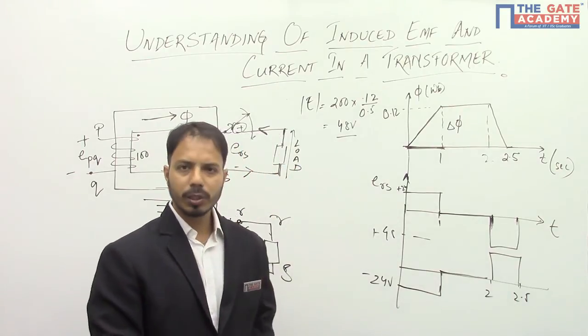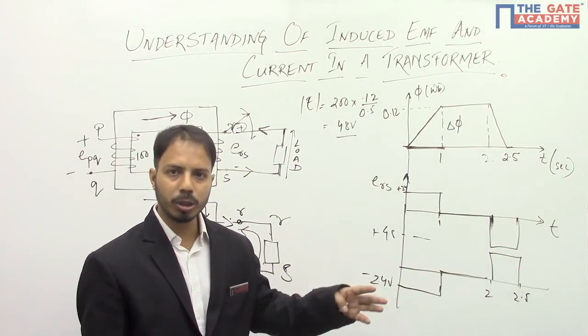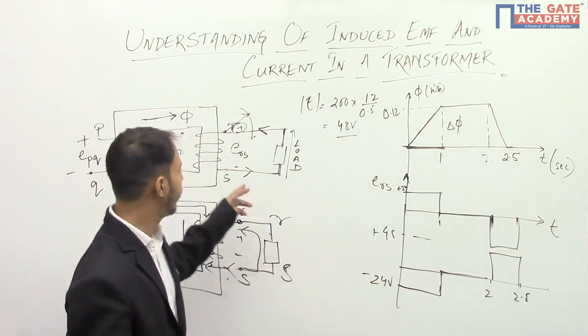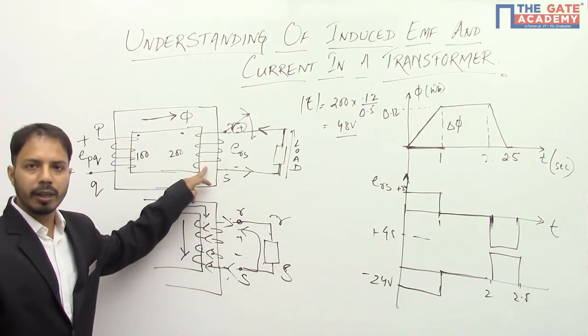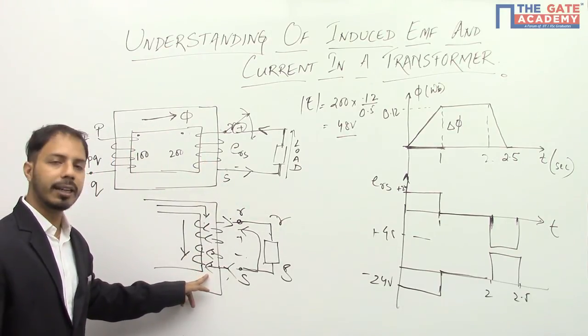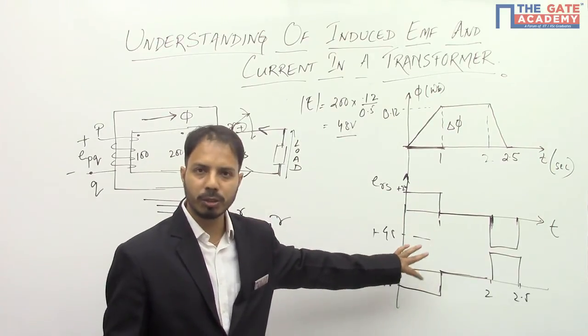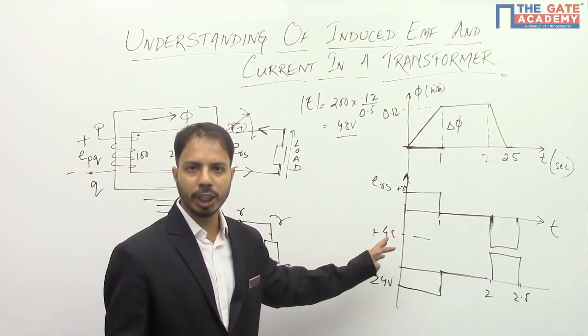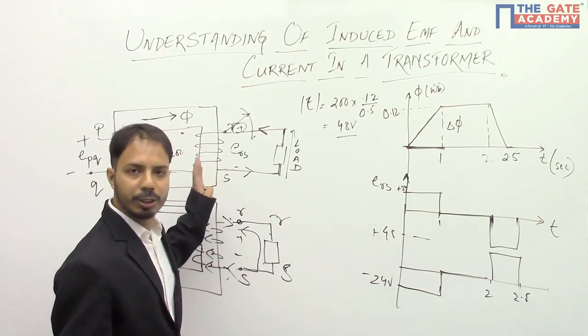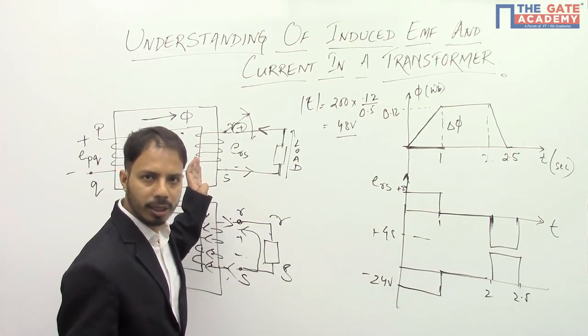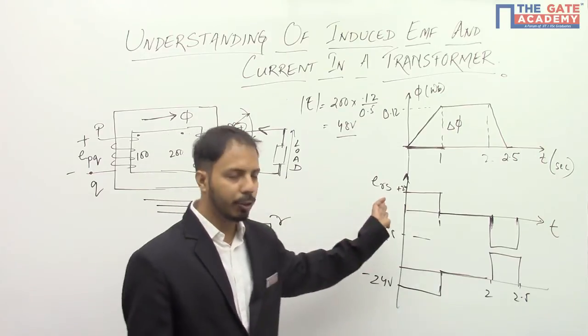So you see, in some books, this question is printed with the secondary in this way. In some books, it is printed with the secondary in the opposite way. And this is going to change what the correct option is. So please make sure you see the direction of the coil properly, and then you answer.